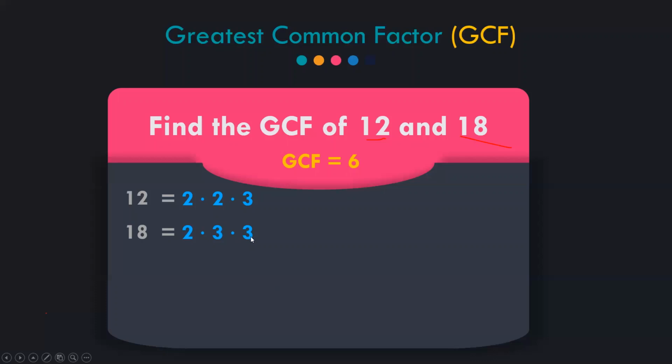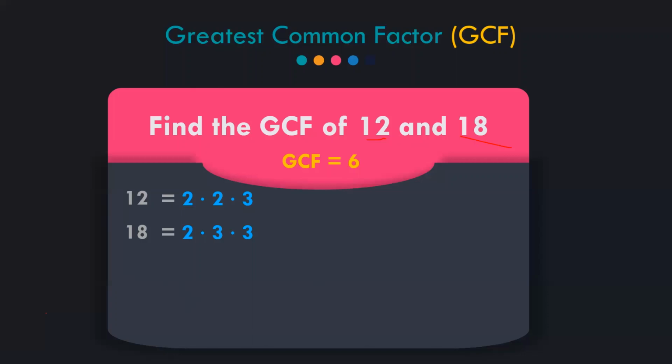So, obviously, in prime factorization, tina-factor natin yung isang number, okay, using prime numbers. Now, since we're going to find the GCF or the greatest common factor, ang gagawin natin dito kapag tapos na nating ilista yung kanilang mga prime factors is we need to identify kung ano yung common factor sa kanila. Okay?